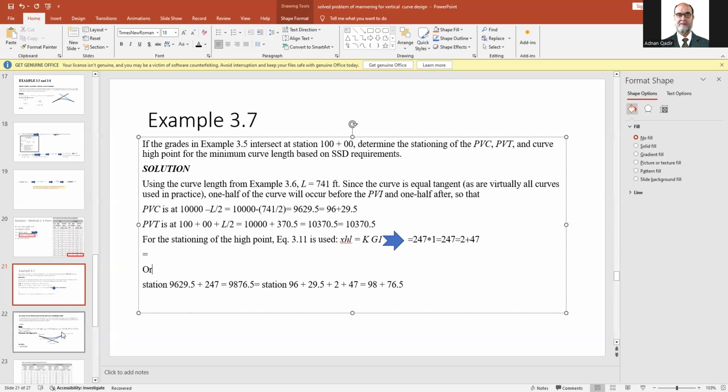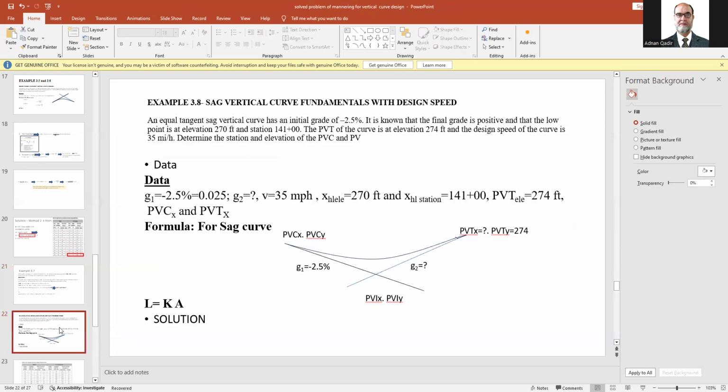So let's go to another example that's 3.8, and let's see how it can be solved. Here we have been given a sag vertical curve, 2.5 intersecting some grade, and we need to find that grade. The final grade is positive and low grade is elevation at 270 feet.